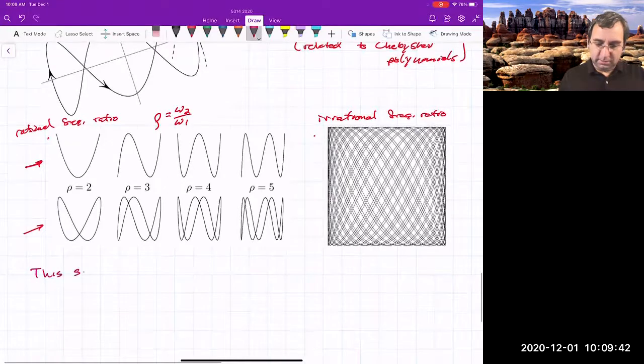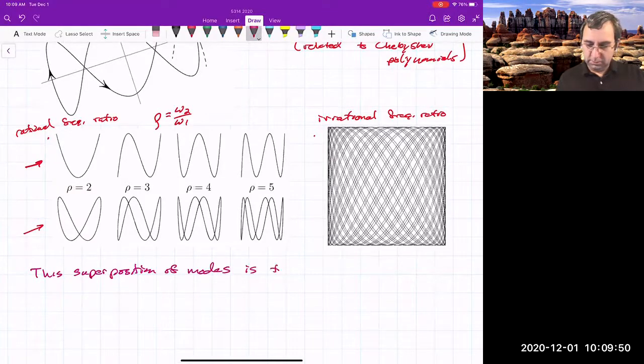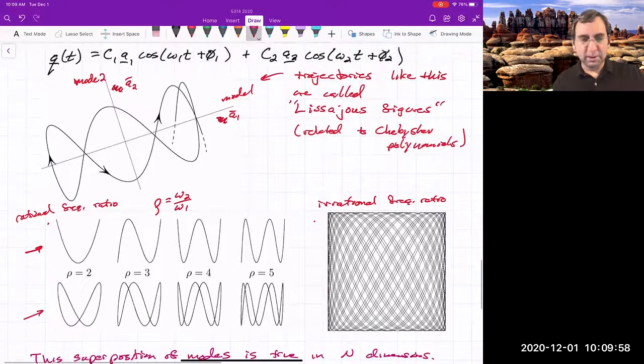So this superposition of modes is true in n dimensions. It means n degrees of freedom, but we're only showing it just to give you some idea of what things look like in 2D. Okay.